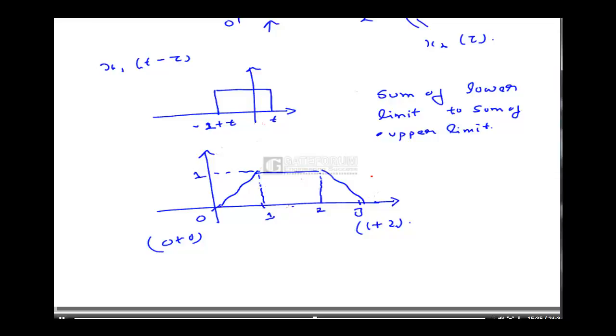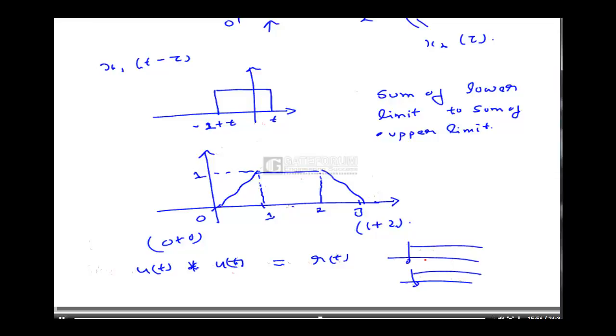Now, just for understanding the concept, the convolution of u(t) with u(t) is equal to a ramp function. Why? Because the two step functions extend from 0 to infinity. When I convolve them, the magnitude will keep on rising, rising, rising.